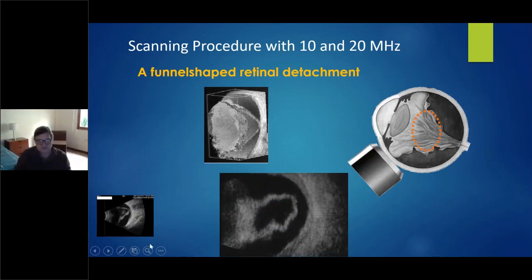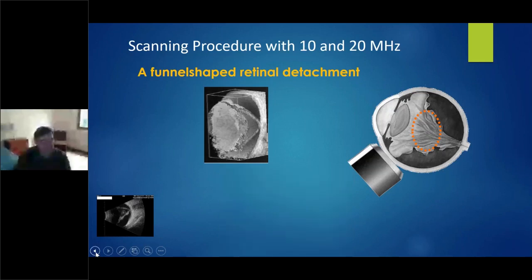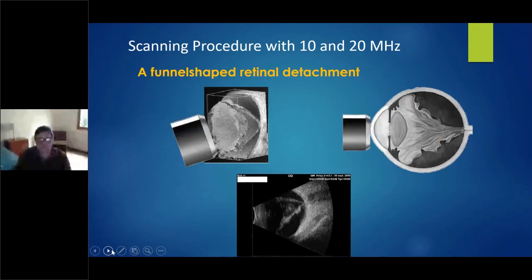This is because you change the perspective of scanning. Look, if you are in this position, you can see this funnel retinal detachment, and you are just in the center of the retinal detachment.